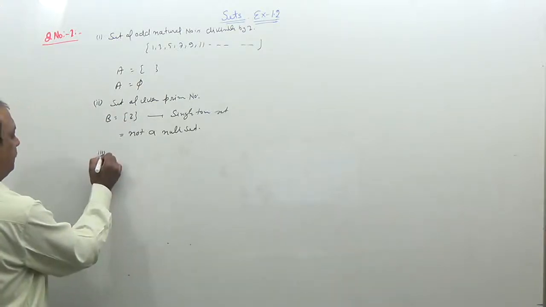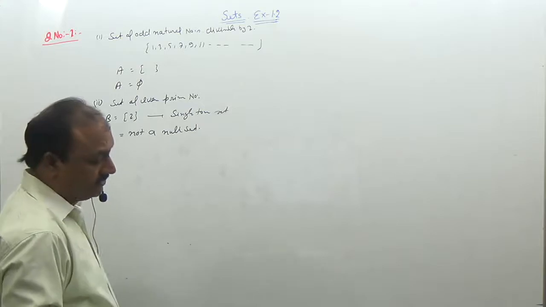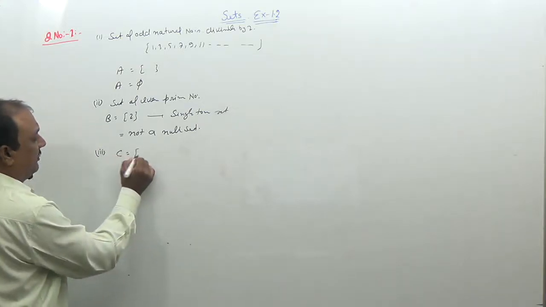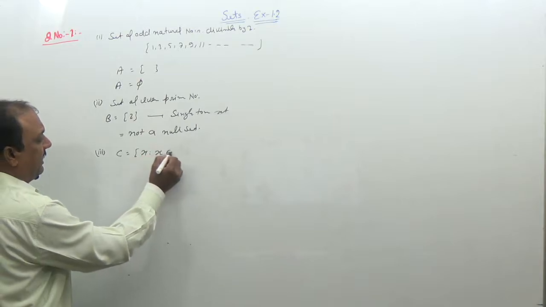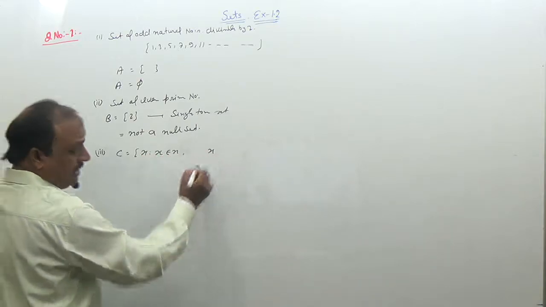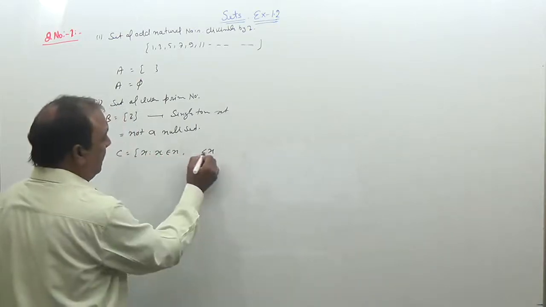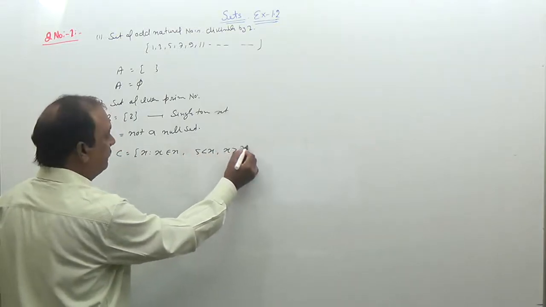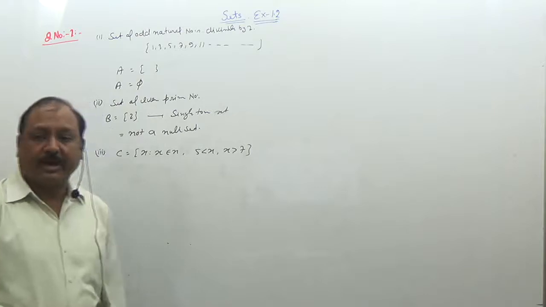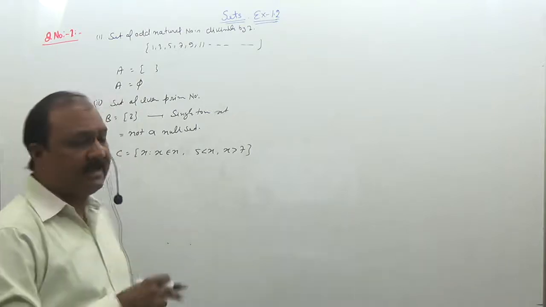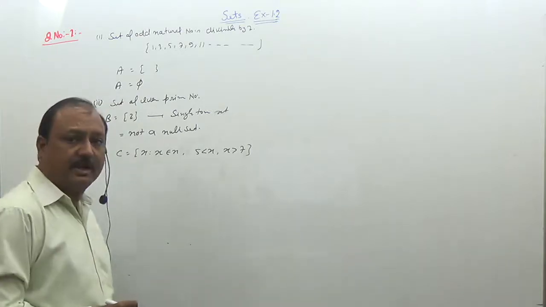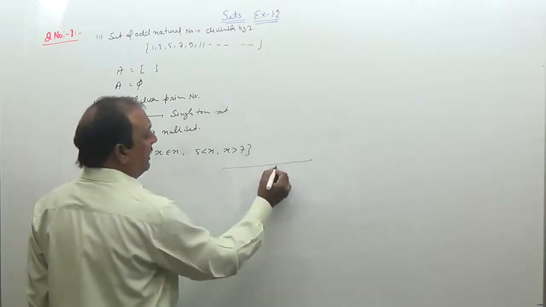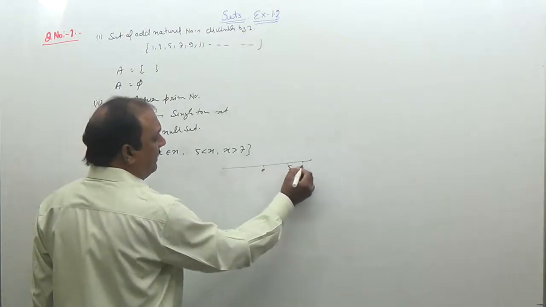Third one: let us suppose this is the set C, x such that x is a natural number and x is less than 5 and x is more than 7. In this case, simultaneously, there is no natural number which is less than 5 and more than 7. On the number line, there is 0, here is 5, and here is 7.